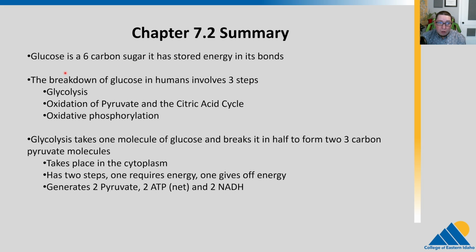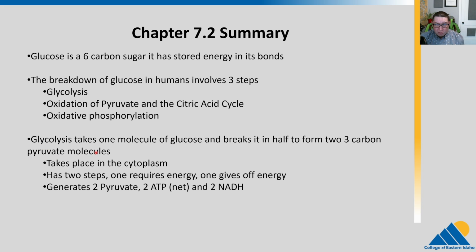The breakdown of glucose in humans is going to involve 3 main steps: glycolysis, oxidation of pyruvate and the citric acid cycle, or TCA cycle, or Krebs cycle, whatever you want to call it, they're all the same thing. And then the final bit, oxidative phosphorylation. Glycolysis is taking 1 molecule of glucose, breaking it in half to form 2 3-carbon molecules of pyruvate.